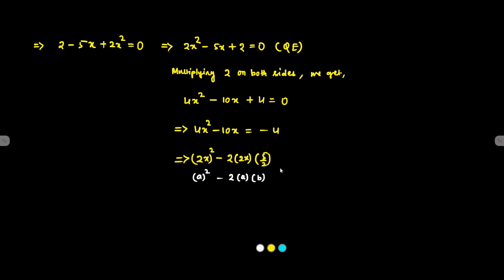Now we have to add (5/2) whole square on both sides.